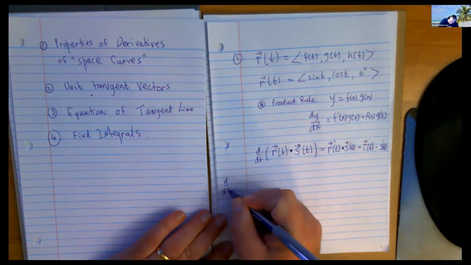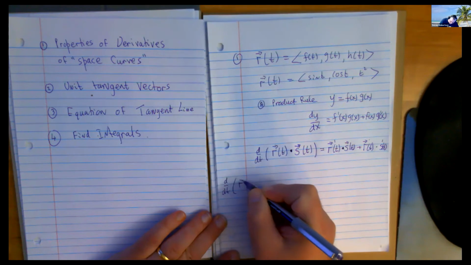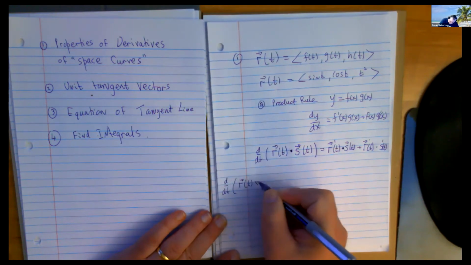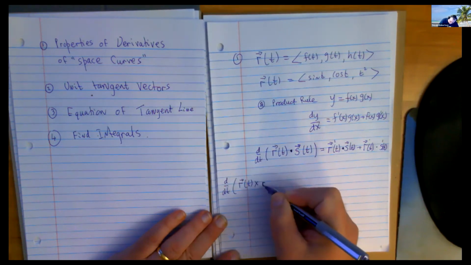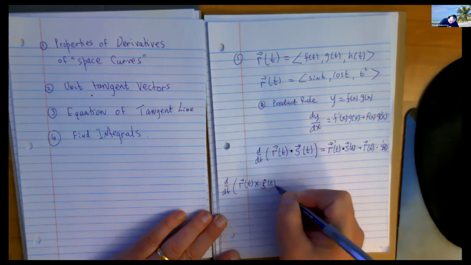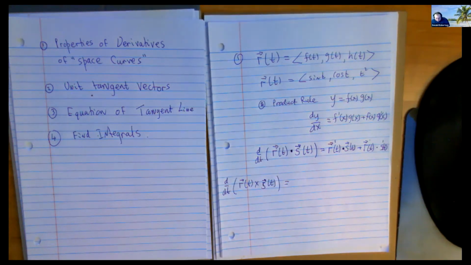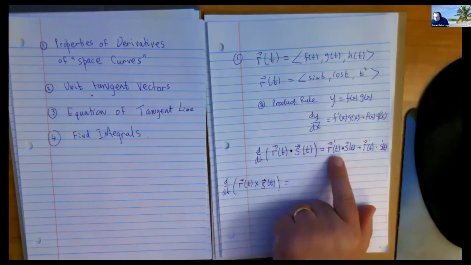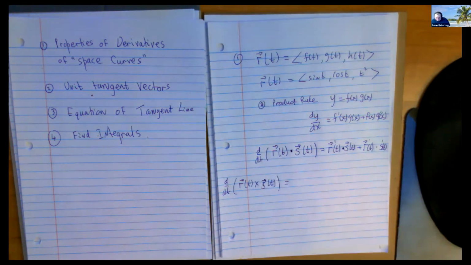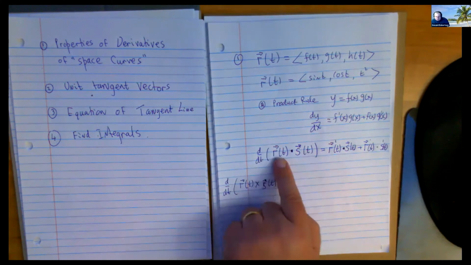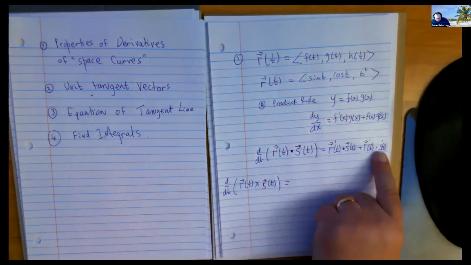Suppose I wanted to find the derivative of the cross product of 2. So the dot product generates this formula, right? The derivative of two space curves having a dot product applied to them gives you this formula.